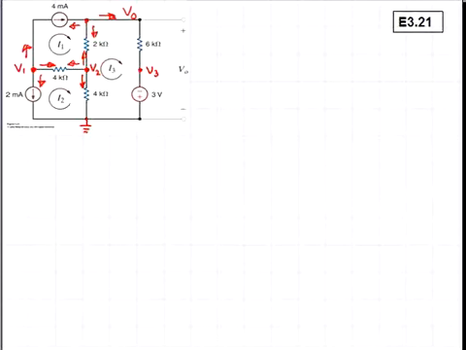Before writing our third node voltage equation, we should note that we have a constraint here. The voltage source connecting the node V3 to the reference node has a value of minus 3 volts. So we have that V3 is equal to minus 3 volts as a constraint.